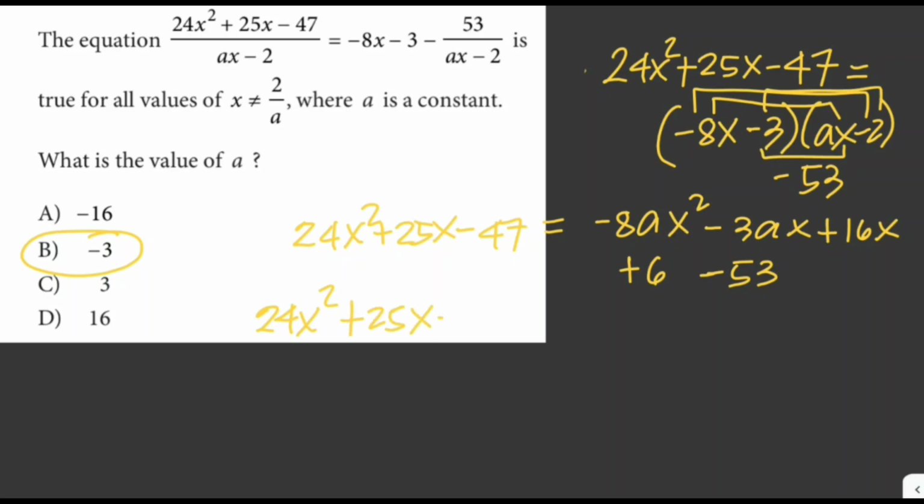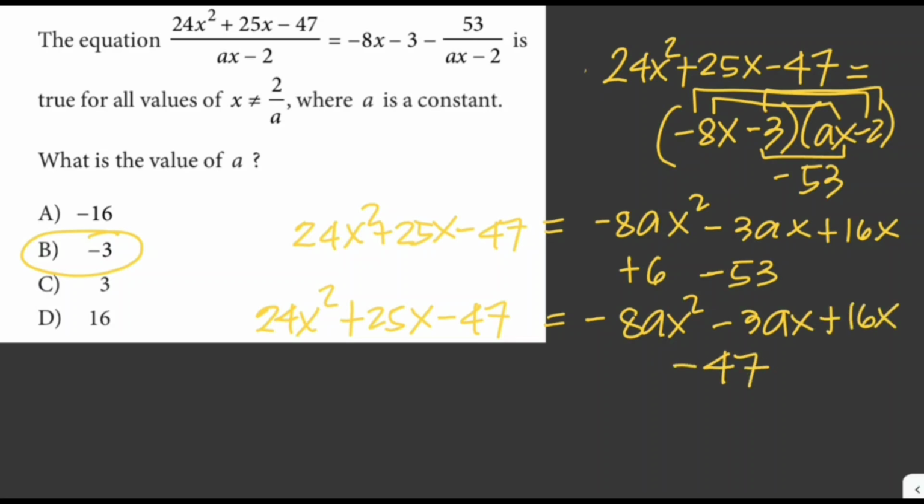Copy 25x minus 47. So this would be negative 8ax squared minus 3ax plus 16x minus 47.